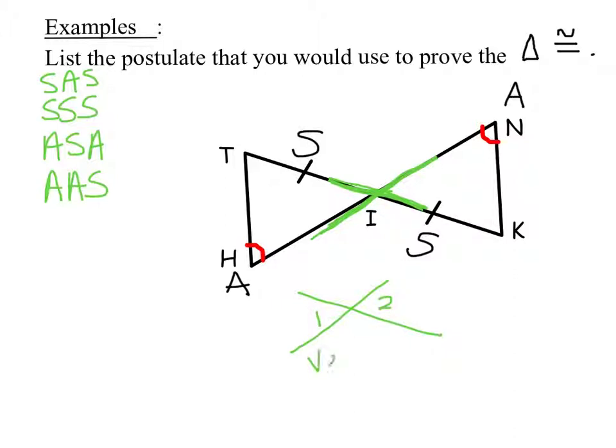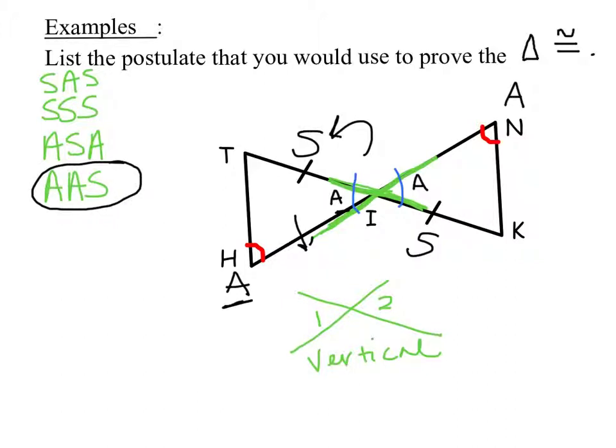I have vertical angles. And vertical angles are always congruent. So that gives me another angle to another angle. So I have angle, angle, but the side this time is not included. The side is not between the 2 angles. So I have to go with angle, angle, side not included.